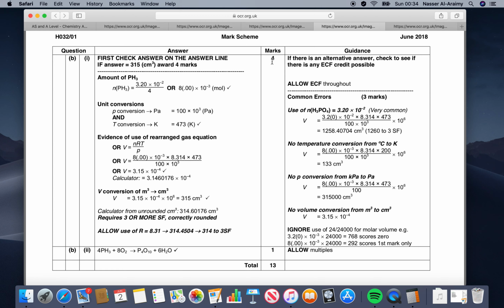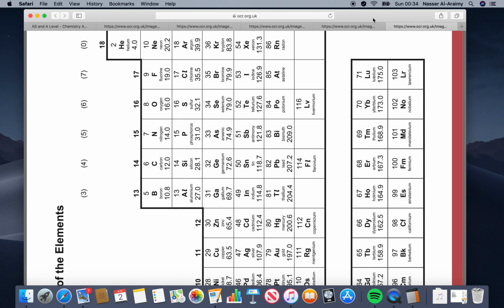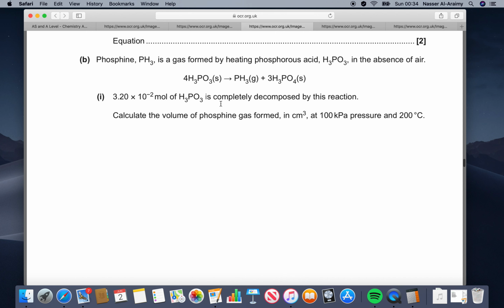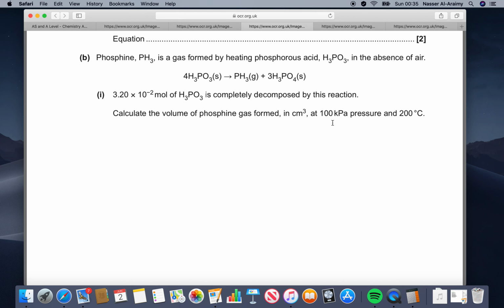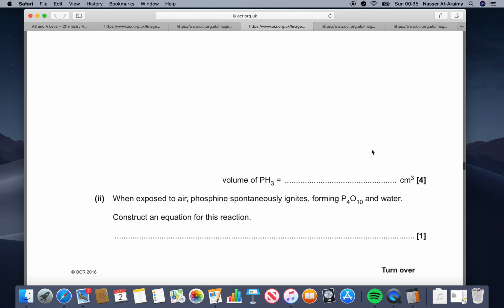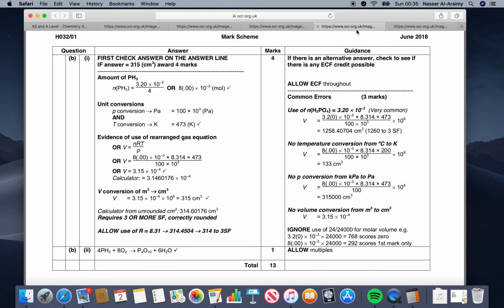Look at that. Sorry. Kilopascals, 200 degrees C. Surely you could get away with completing this question without all of that, like conversions and stuff.